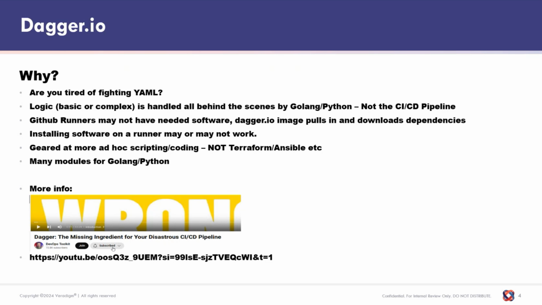So that's really nice. I can't count how many times I've needed a tool or a particular library or a particular PowerShell module installed into a GitHub runner, only to find out that I couldn't get it installed because of some dependency or maybe a restriction of some sort. So this takes away some of that problem. And by the nature of that, installing software on a runner may or may not work.